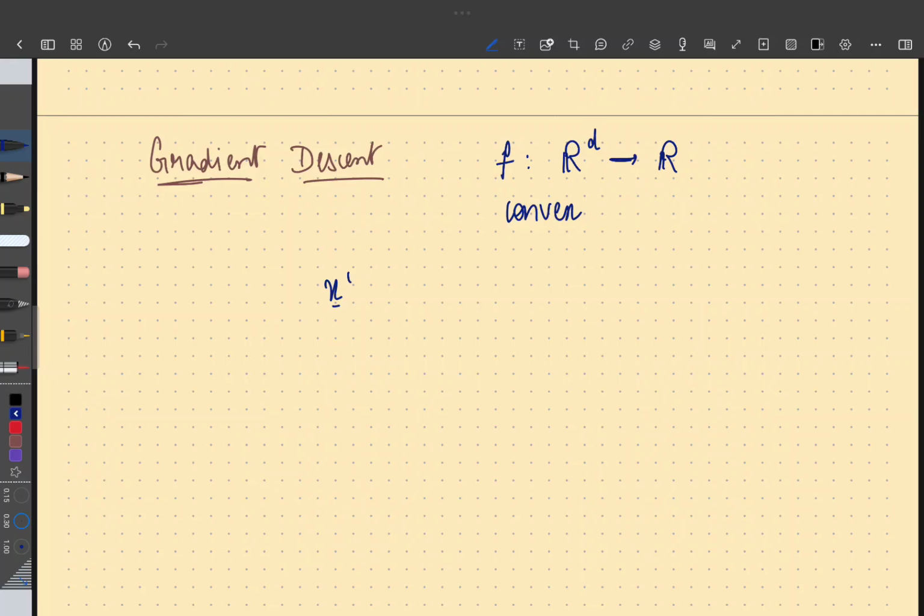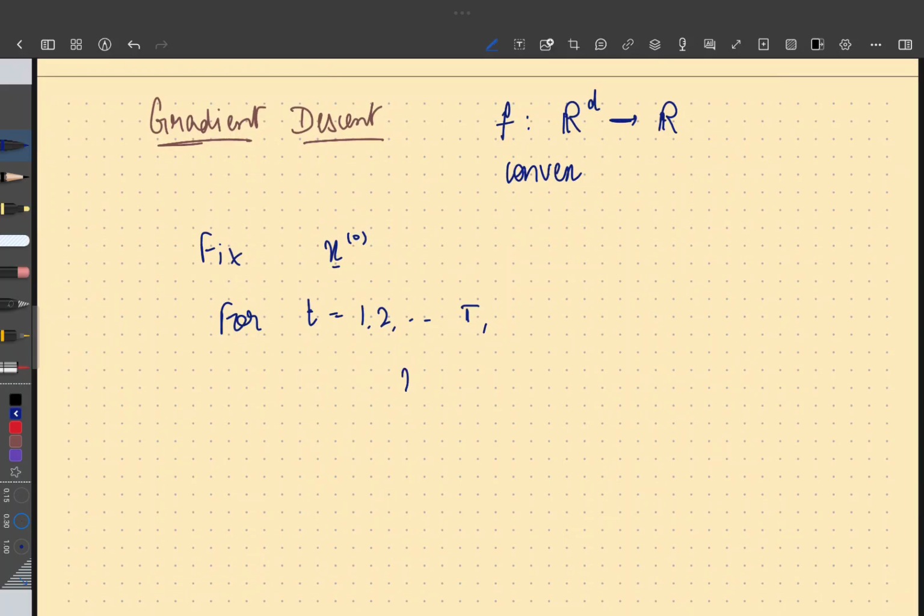Let me denote this x0, and then for a certain number of steps, you take x_{t+1} to be equal to x_t, for t = 0, 1, and so on, minus some delta, let me use eta, perhaps, times the gradient of f at x_t.